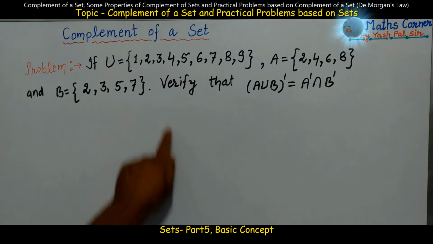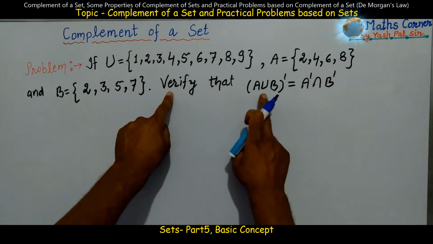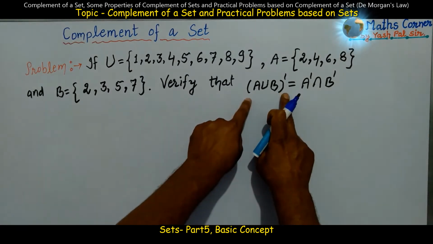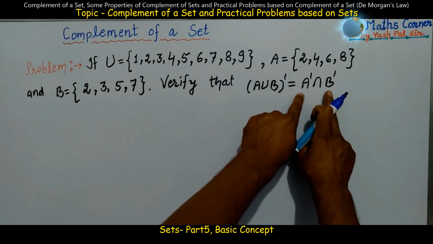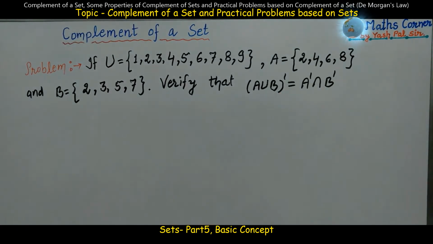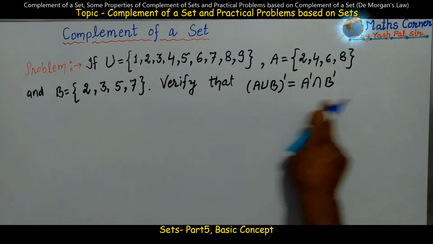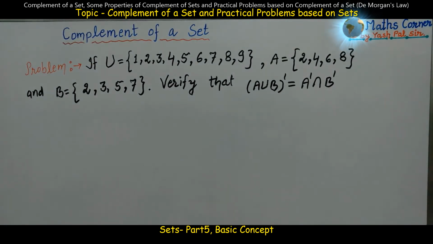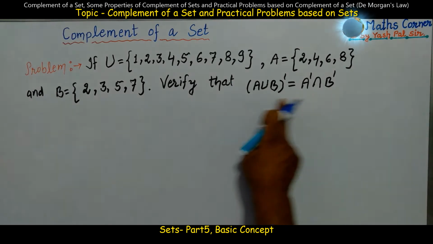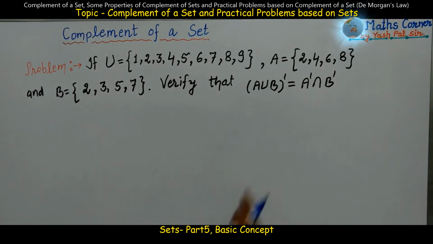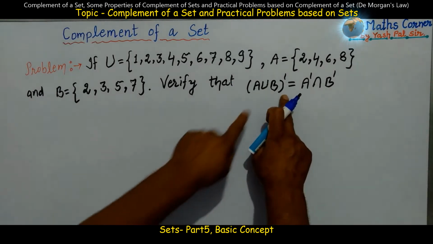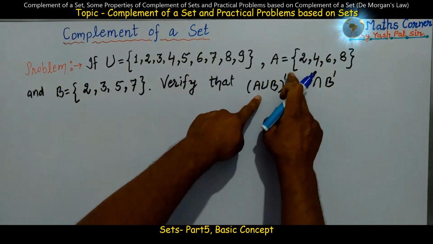The question is: verify that A union B whole complement is equal to A complement intersection B complement. This is De Morgan's law, and we have to prove whether De Morgan's law is valid or not. First of all, the left hand side, A union B complement.